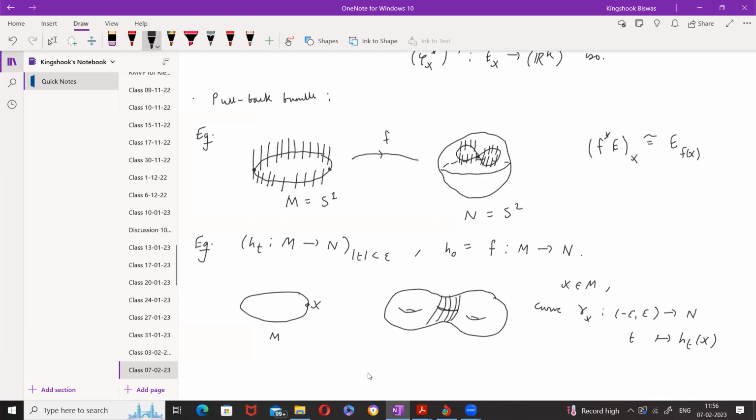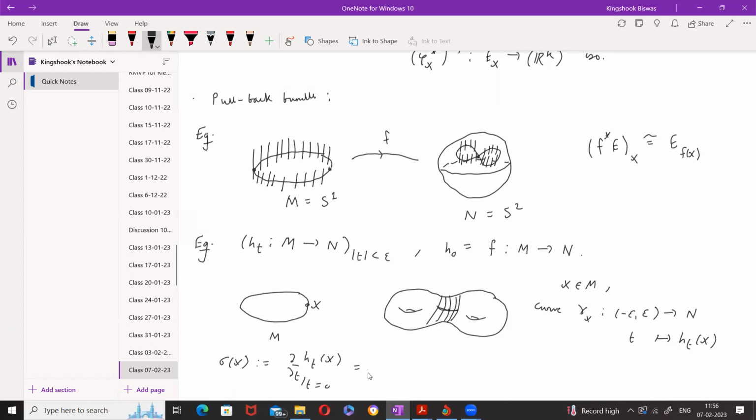So what I can do is differentiate this at time t equal to 0. Then that will define for me sigma_x. This is defined to be the derivative in t at t equal to 0 of H_t(x).